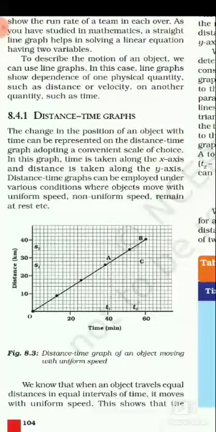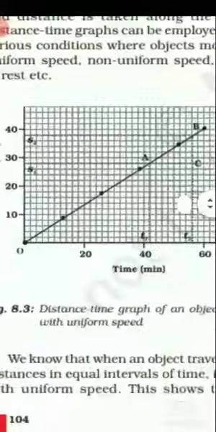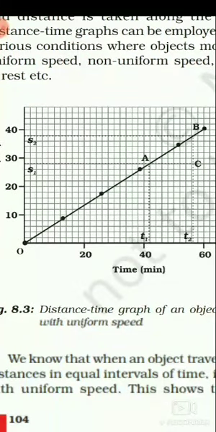One small portion of the graph is taken as 2, so 5 divisions means 10, and 10 divisions means 20 minutes.